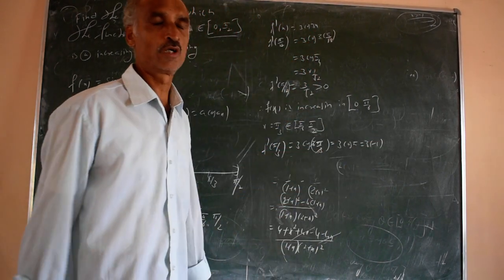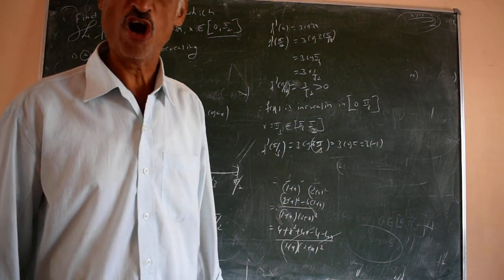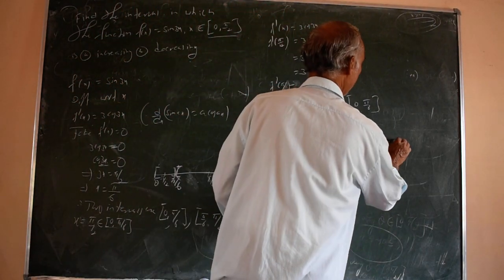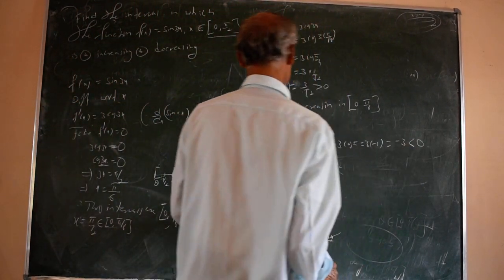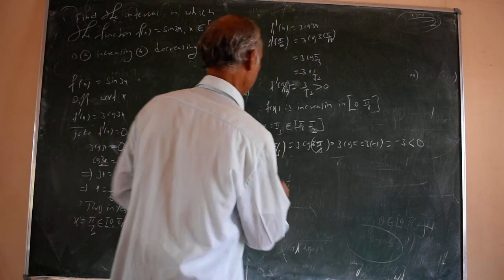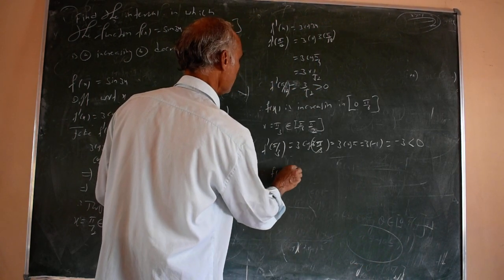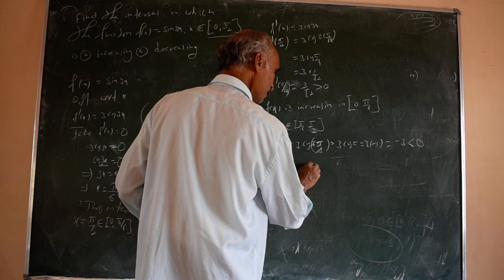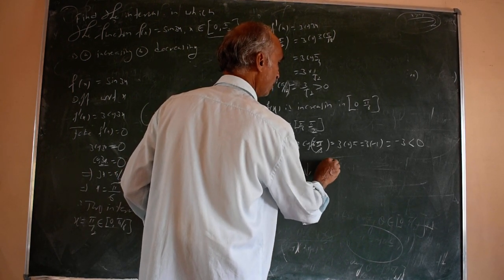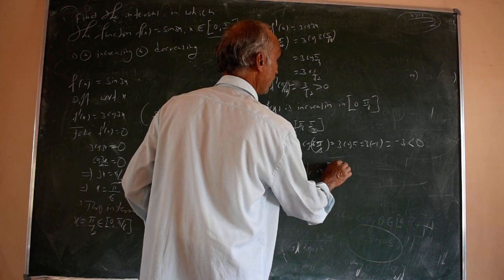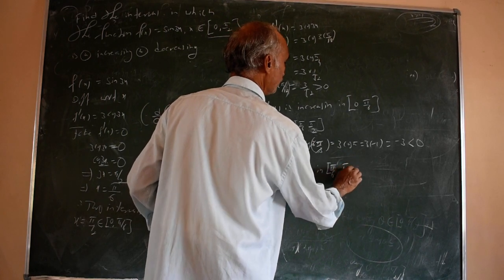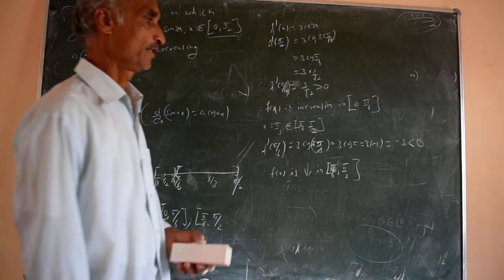Cos pi is minus 1, cos 3 pi is minus 1; cos of an odd multiple of pi is minus 1. Minus 3 is less than 0. Therefore, f of x is decreasing in pi by 6 to pi by 2.